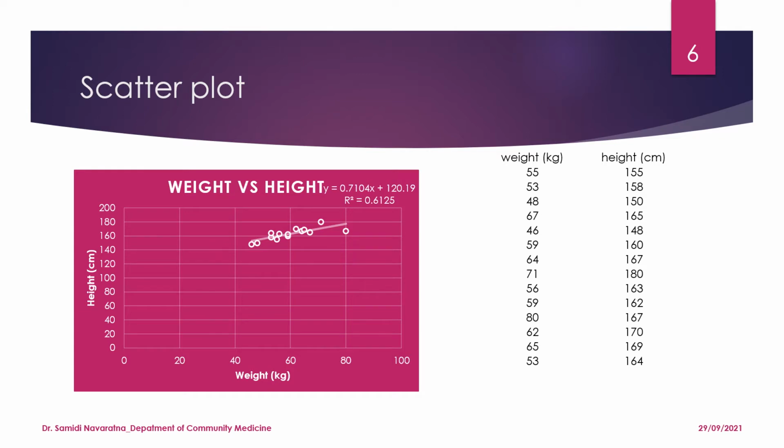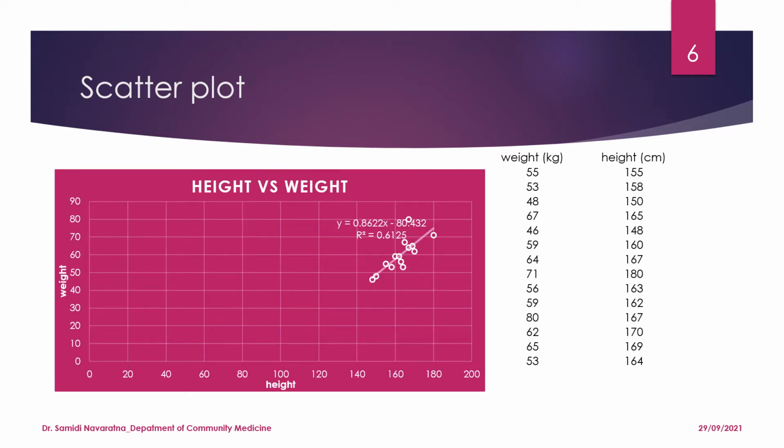So let's see. This is the second scatter plot, and we have taken the height to the x-axis and the weight to the y-axis. We have changed them, and as you can see, yet again we have got a linear relationship, and the R square remains the same.